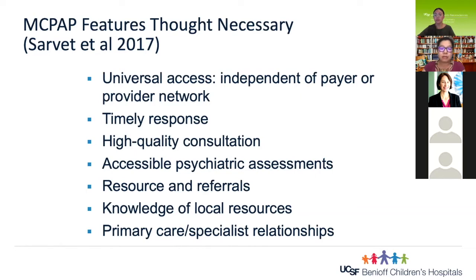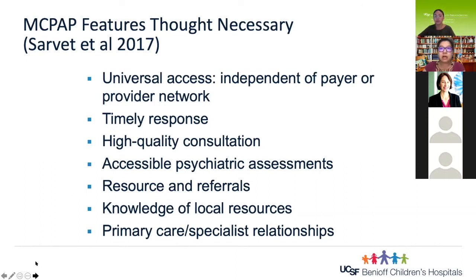That response had to be quick, timely, and high quality, and people had to have some access to psychiatric assessments, referrals, and resources. People answering the line had to have knowledge of local resources, and there had to be relationships developed between the program and the primary care providers that they served.